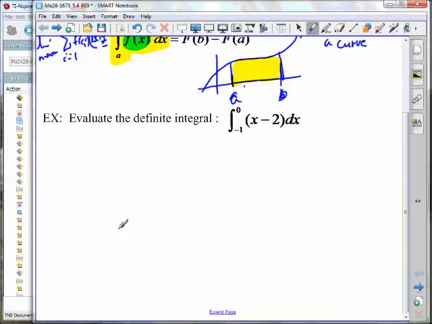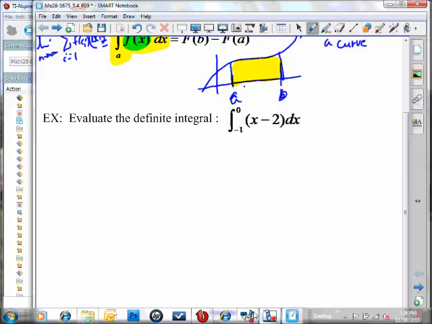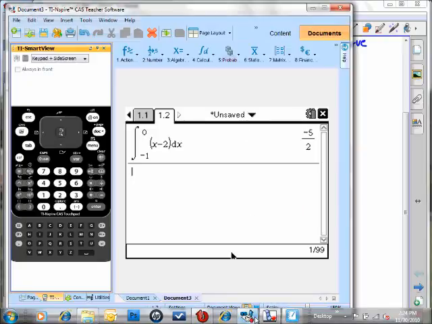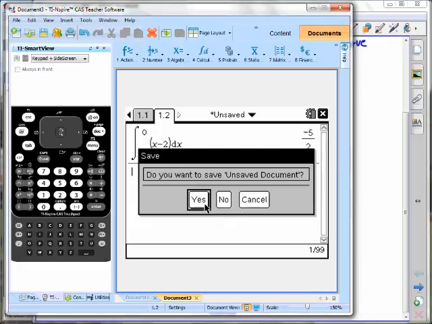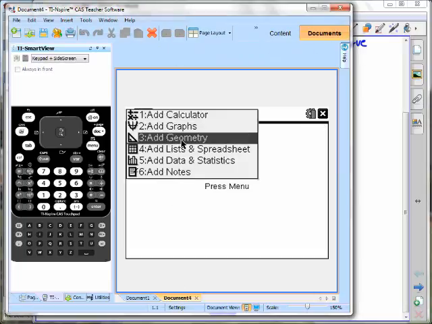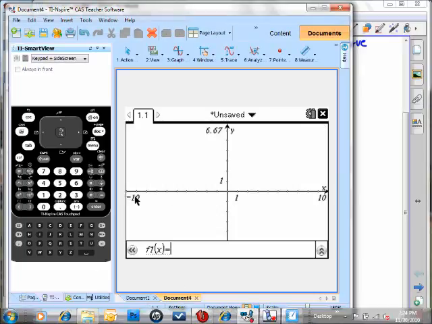look at this problem. This is just a typical problem we're going to look at. I've got it integrated from -1 to 0, and the integrand is x minus 2. Would you take your Inspires, please? And let's get a visual on this first of all. I need to get a new document probably, and I'll not save that, but let's go to a graph page.